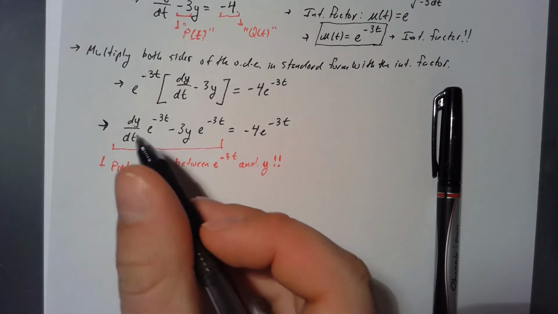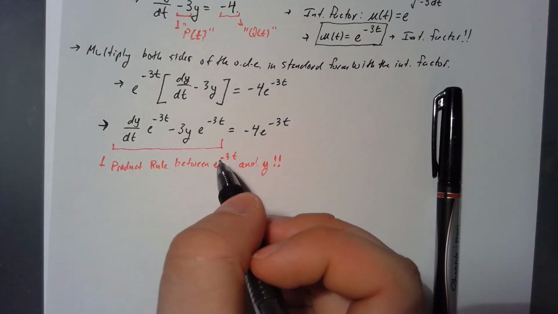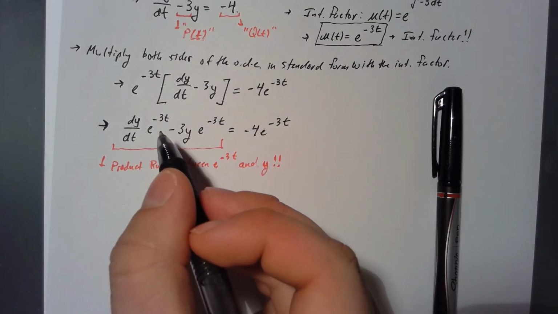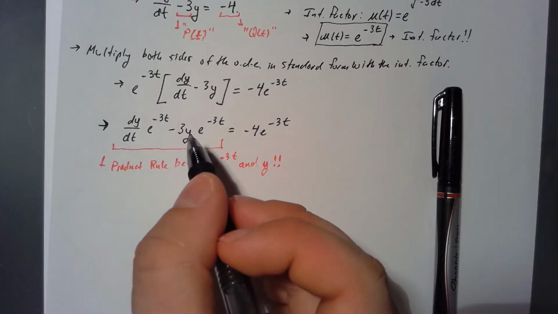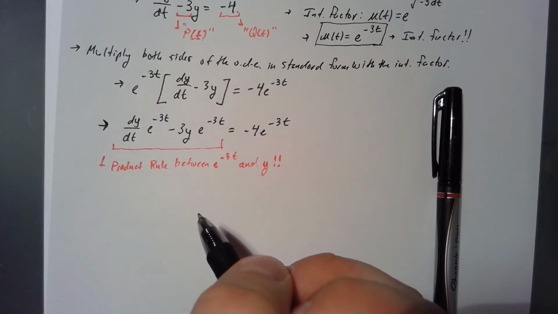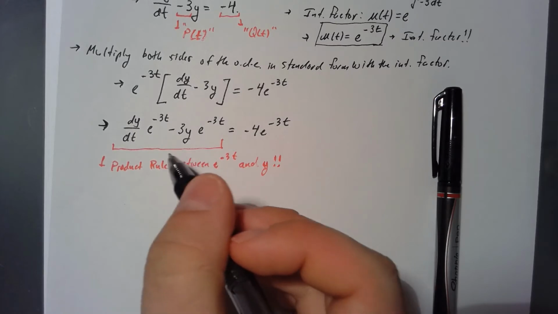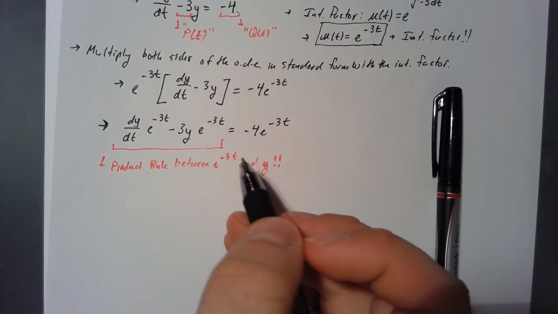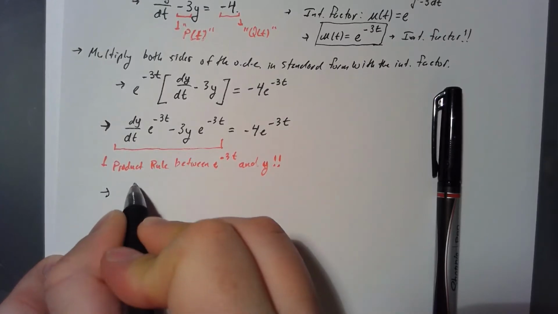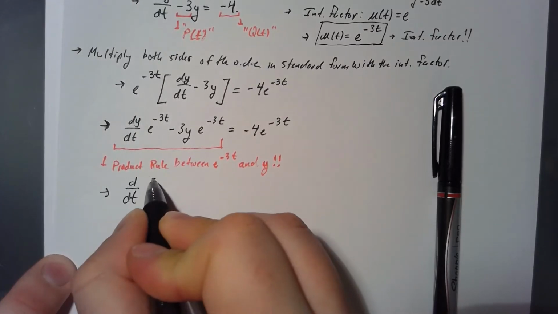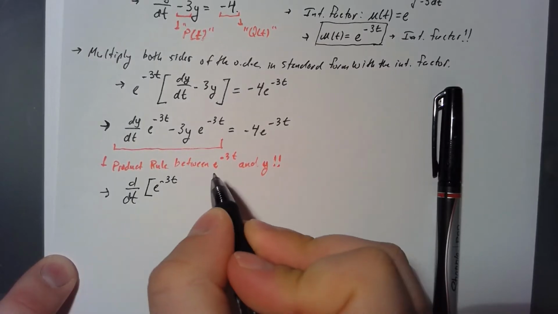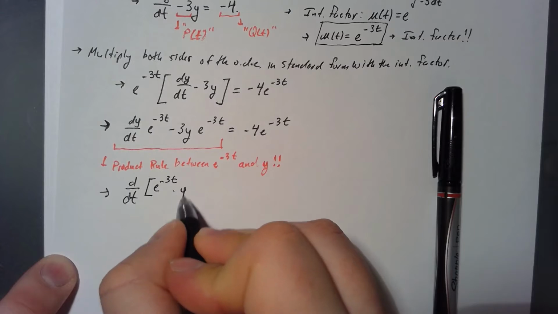If you look at that, go through this product rule: high d low plus low d high. If I write this out using product rule notation, this right here is the derivative of e to the negative 3t times y.